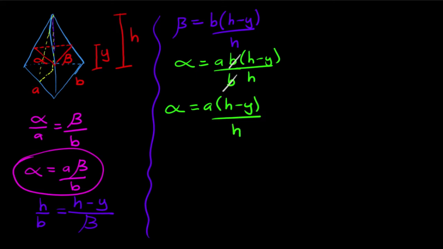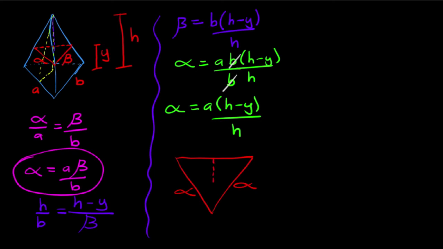Okay, so now let's take a look at our cross section again. This is an equilateral triangle, so this side is alpha. And remember here we labeled it beta, but it's really an equilateral triangle, and so that's alpha as well.